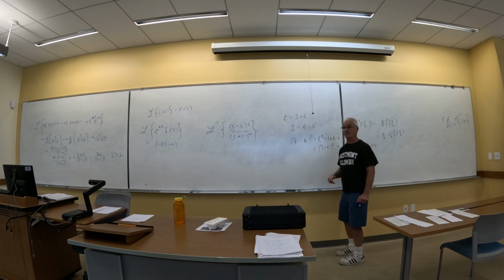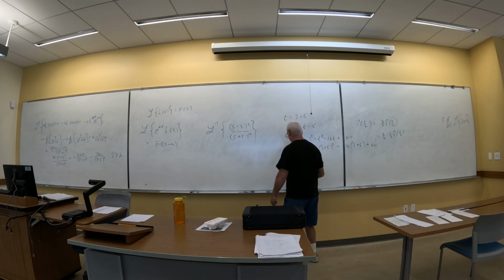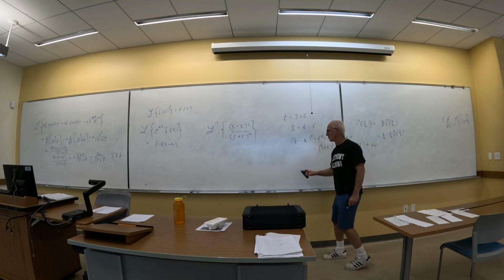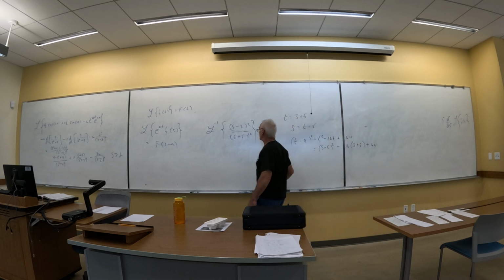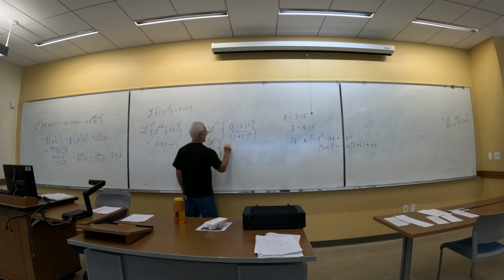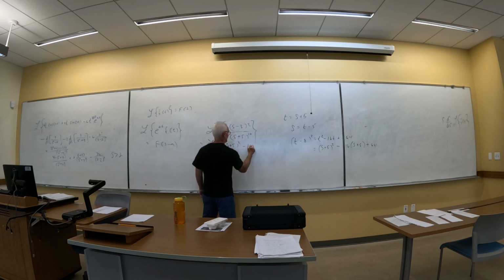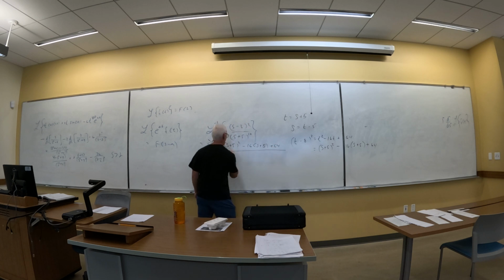This is not the only way to do it. I could have just said, okay, this is s plus 5 minus 8, and then square them separately. I just think this is easier. It's less thinking required. So why did I do all of that? Because that now means that I'm doing the Laplace transform of (s plus 5) squared minus 16 (s plus 5) plus 64, all over (s plus 5) to the 10th.